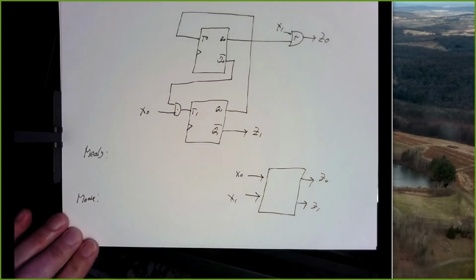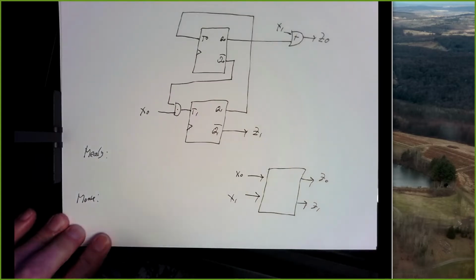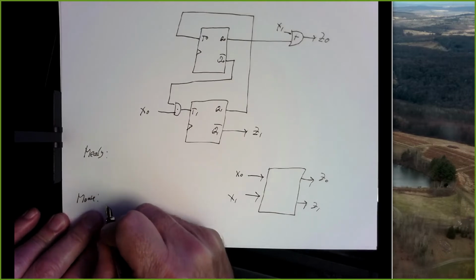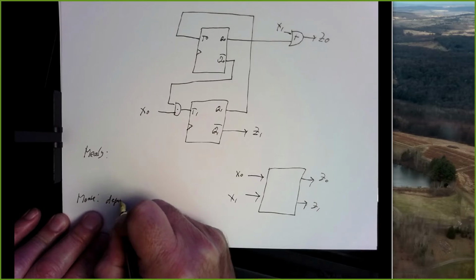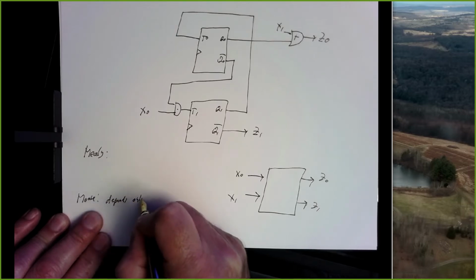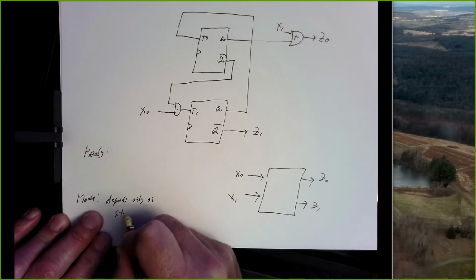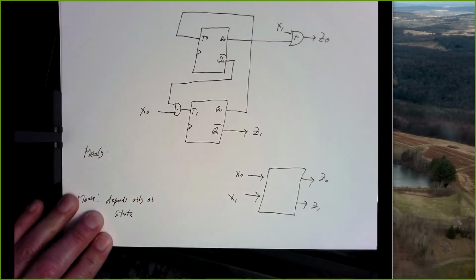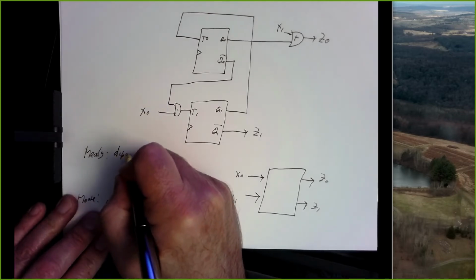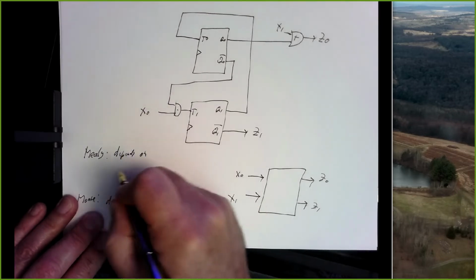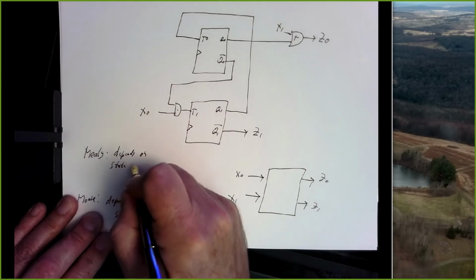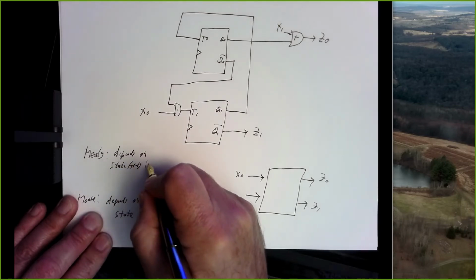And then the names for these, which are effectively random names. For a Moore machine, the output depends only on the state. A Mealy output depends on the state and an input, at least one input.